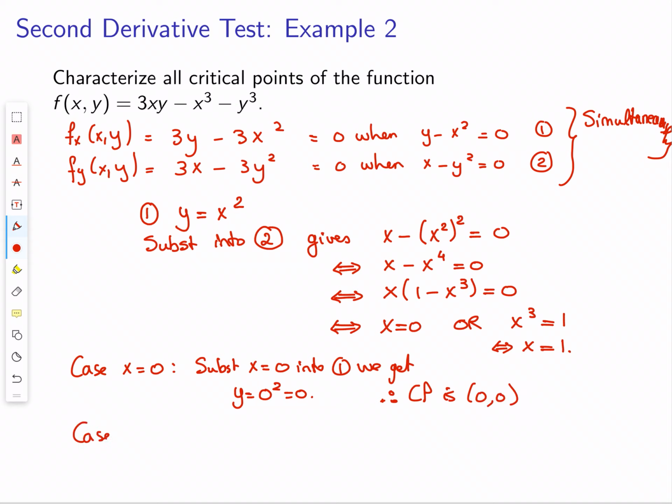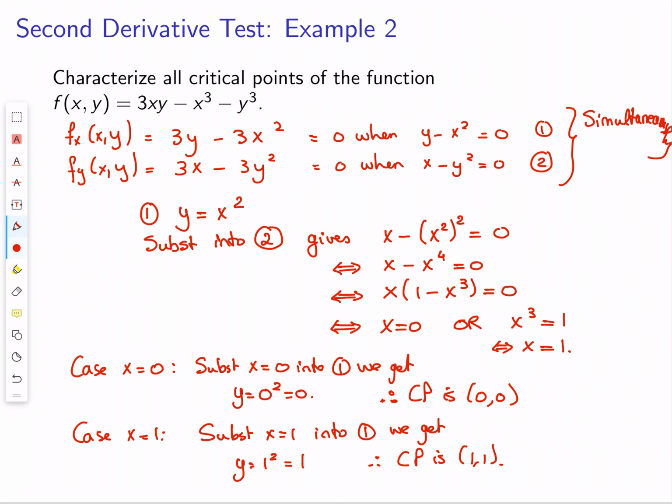And in the case where x is equal to 1, we substitute x equal to 1 into the first equation, and then we get that y is equal to 1 squared, which is equal to 1. Therefore, the critical point is (1, 1). So we found two critical points, (0, 0) and (1, 1).